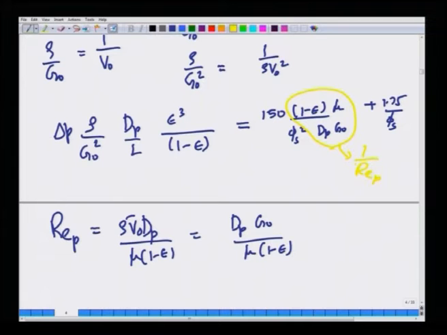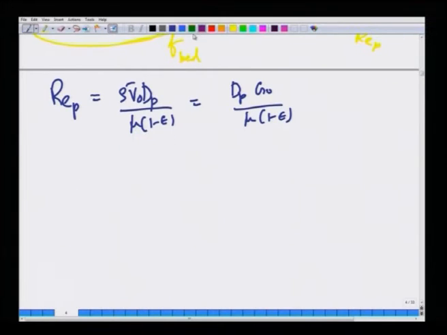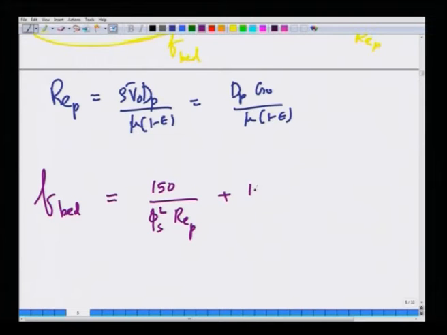If you define the friction factor of the bed, the friction factor of the packed bed, then F bed becomes 150 divided by phi s squared times the Reynolds number based on the particle, plus 1.75 divided by phi s. This is the non-dimensional Ergun equation.